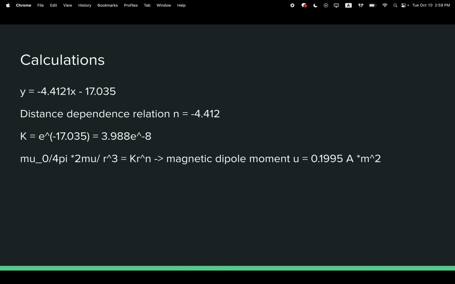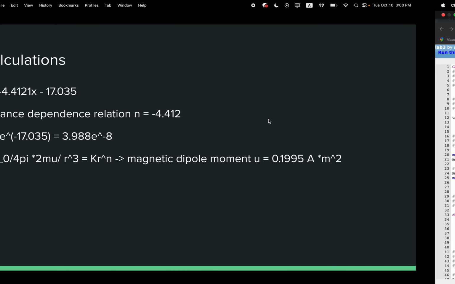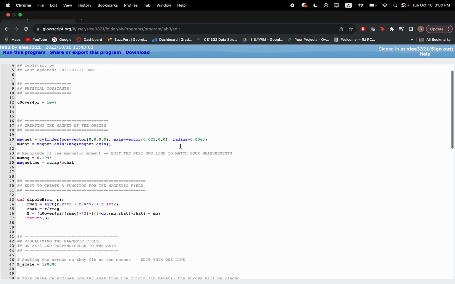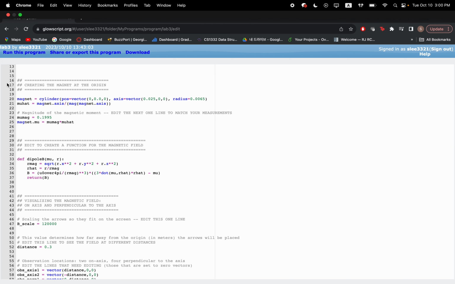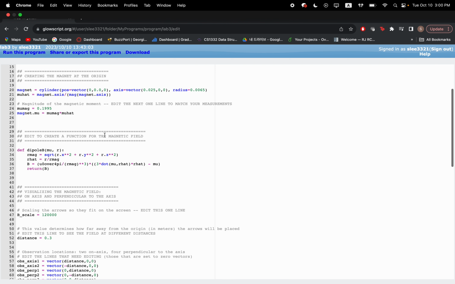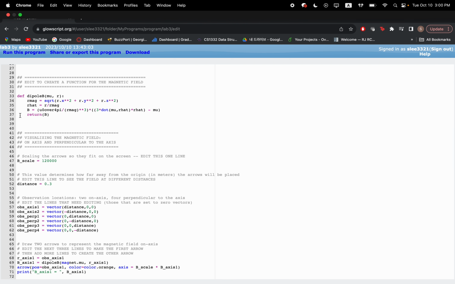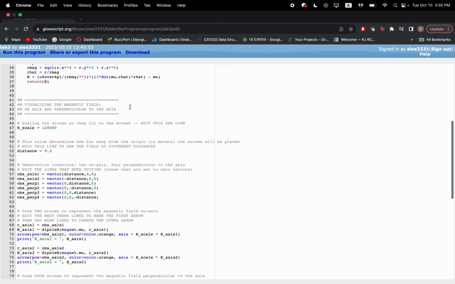And I also made a computational model to calculate this magnetic dipole moment and visualize some magnetic fields in arrows. This is the lines of code, and this part is the measurements and the constant values for the computational model. And this function dipole B, which takes in parameters mu and r, calculates the magnetic field.